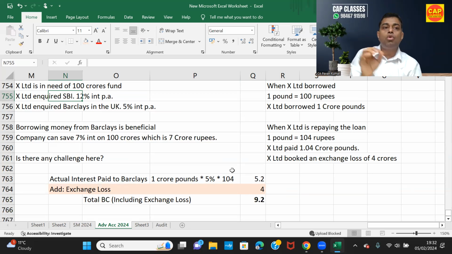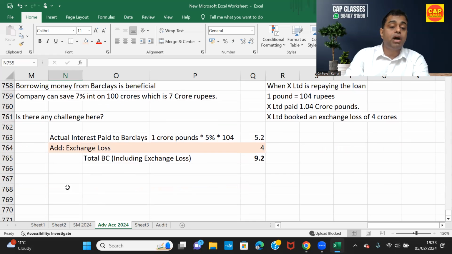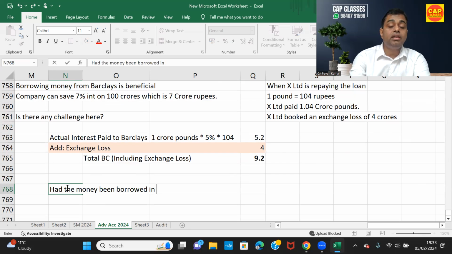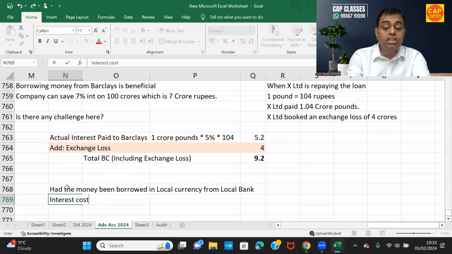Had the money been borrowed in local currency from a local bank, the interest cost would be 100 crore rupees into 12%, that is equal to 12 crores.